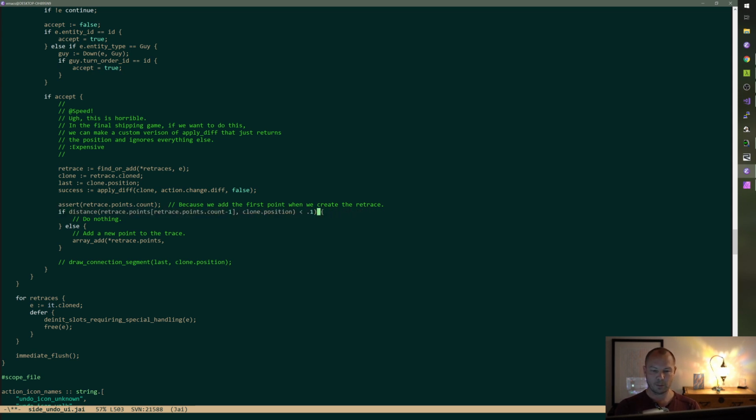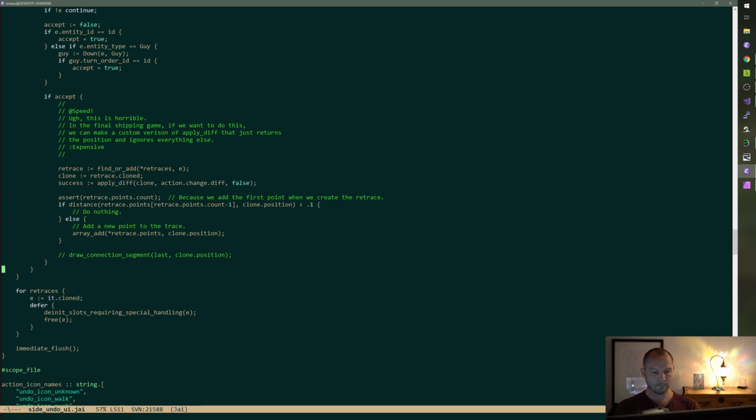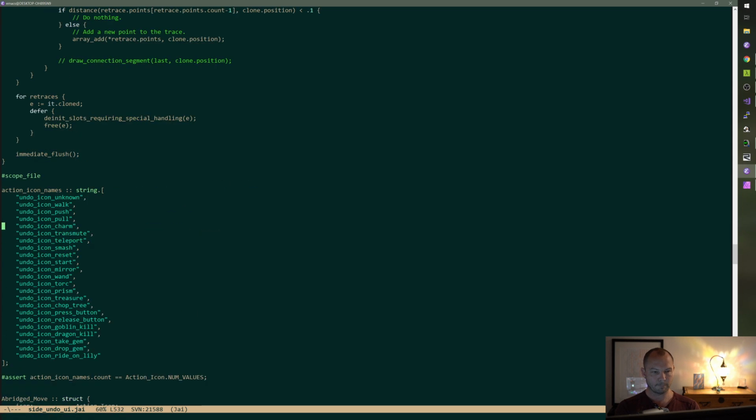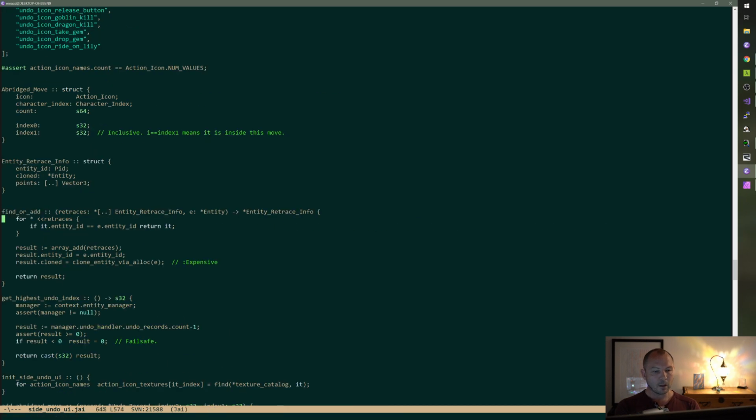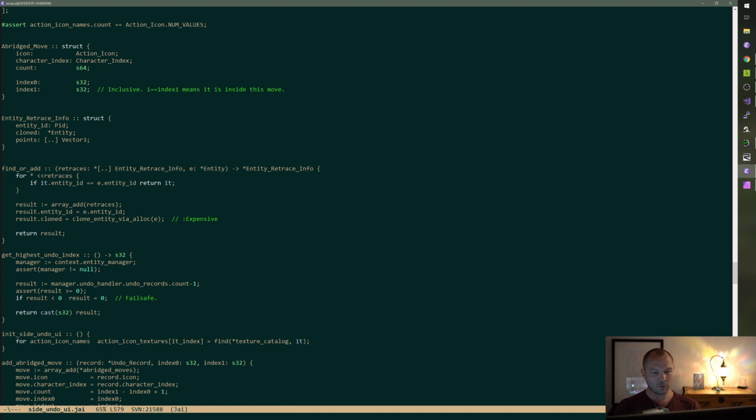Like we're drawing the little paths of where people went. And there's just subtleties to it. It's not totally working 100% of the time, which is bothering me.